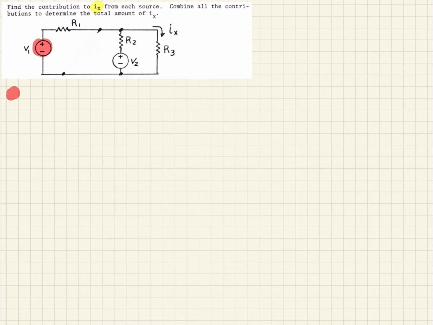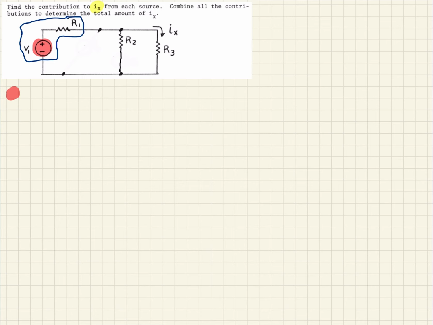So it'd be as if it's not there. And then this V2, same thing, we'll remove that, but this time we replace it with a short circuit. So it'll be here.